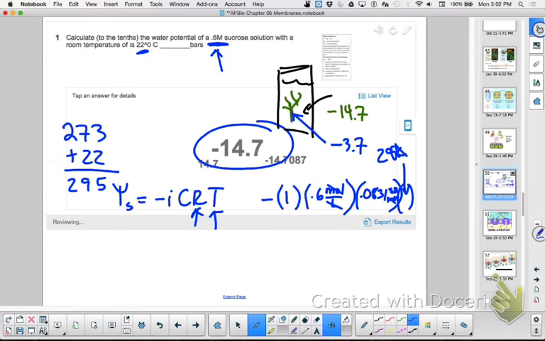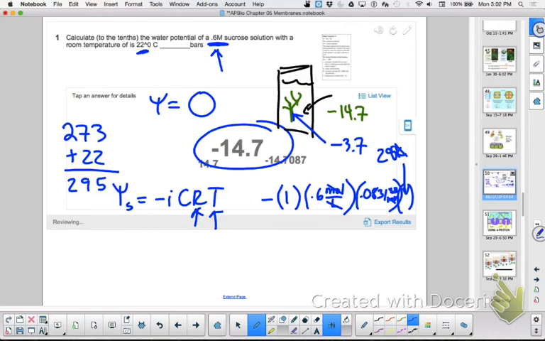Remember, the best possible scenario of water potential is what? 0. You're never going to get a positive water potential. Well, just don't worry about that, okay? But as soon as I add anything to it, it goes negative. So minus 3.7 isn't as negative as minus 14.7, right?